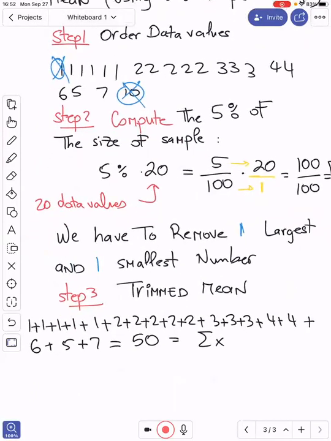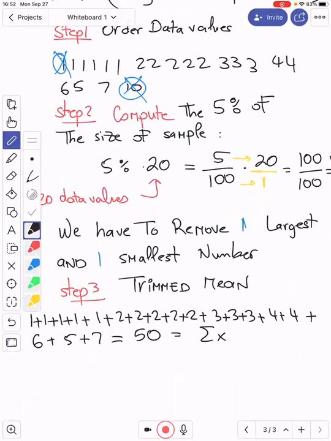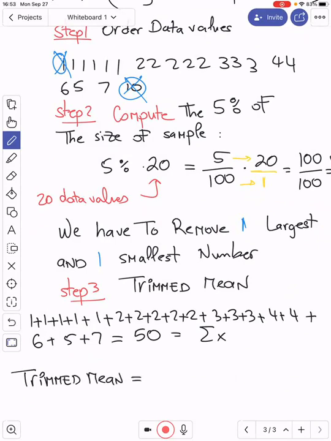Now, the trim mean would be equal to the sum of the data values over the size of the sample. And so it's 50 over, excuse me? 18. 18, thank you. Absolutely. This is the size of the new sample.